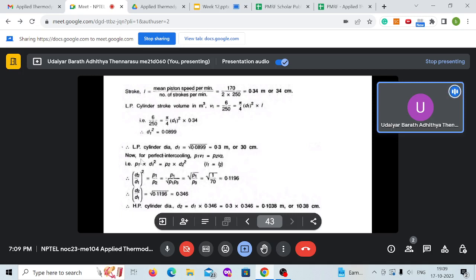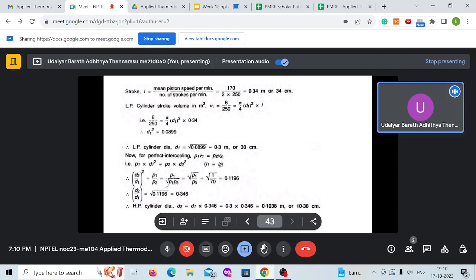If there is perfect intercooling, then P1 V1 equals P2 V2. Then V1 is directly proportional to D square. So P1 into D1 square equals P2 into D2 square, because the stroke length will remain the same. So D2 by D1 raised to power 2 equals P1 by P2.